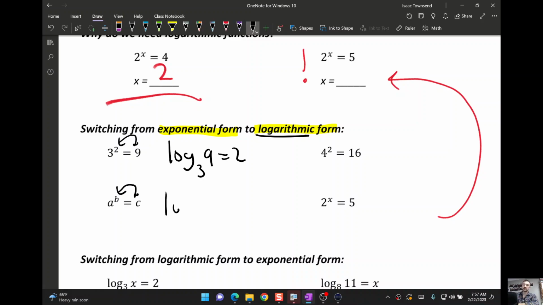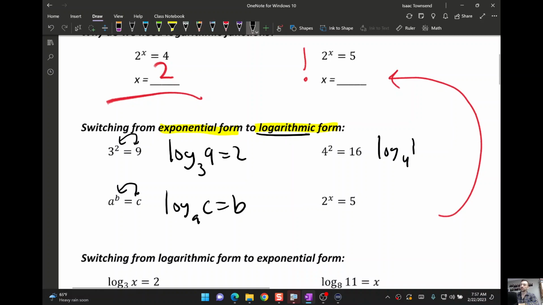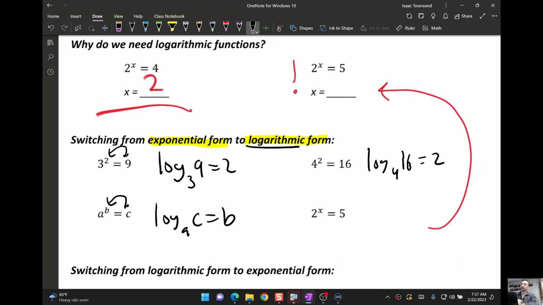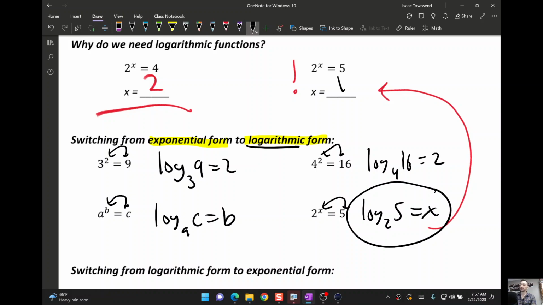Switch the B and the C and put the word log out front. Switch the 2 and the 16 and put the word log out front. And then sometimes when you do that, like this one, when you switch the x and the 5, I just solved that.